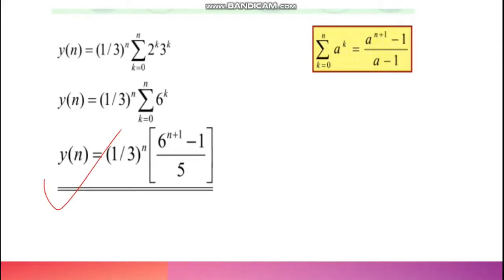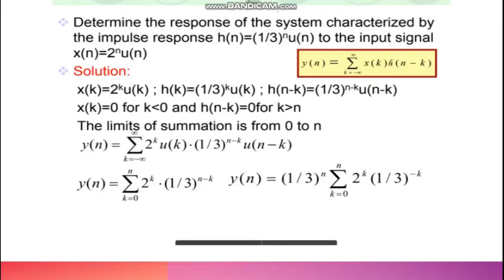So this will be the output y of n. This will be the response of the system when we are giving an input x of n, which is equal to 2^n u of n, and h of n, which is equal to (1/3)^n u of n. Sometimes in the question the input will be given and the output will also be given, and they might ask for finding h of n.